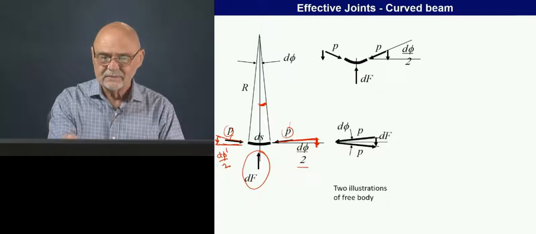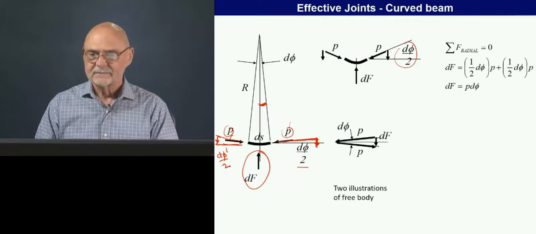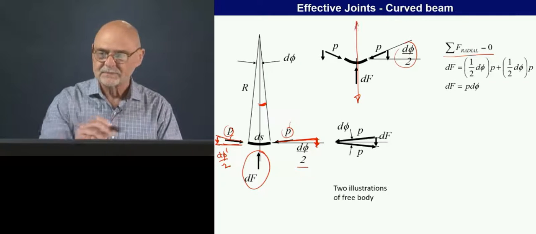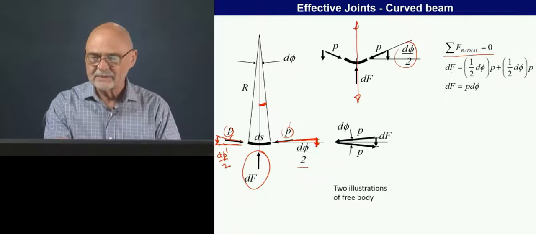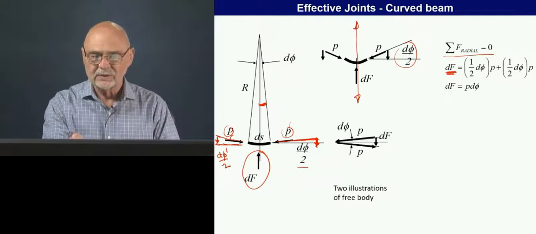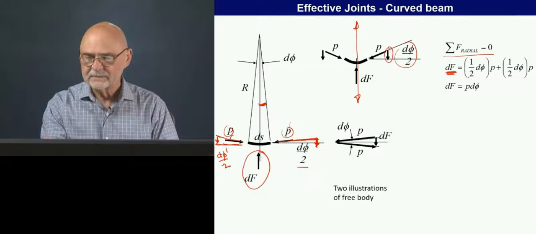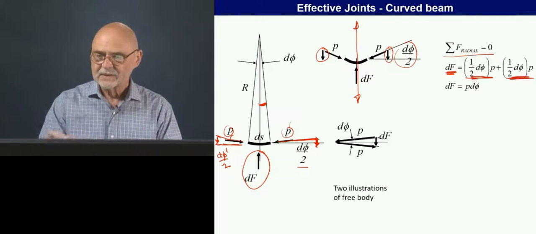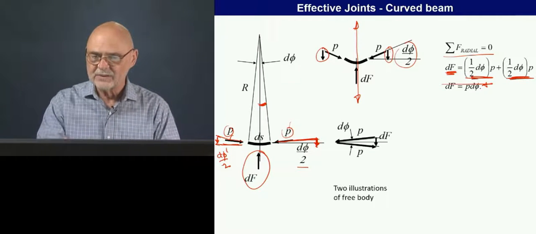So here is the free body. We sum forces in this direction. So that dF has to equal this little vector here plus this little vector here. So they end up being equal to this.